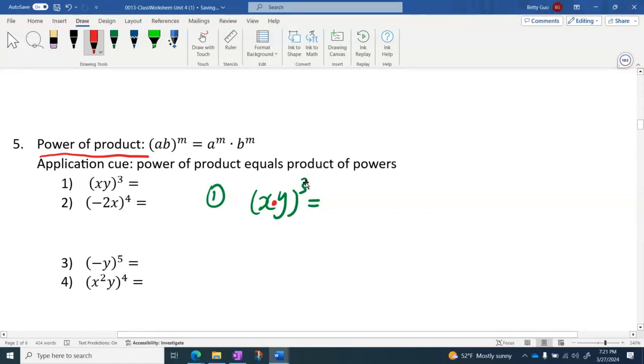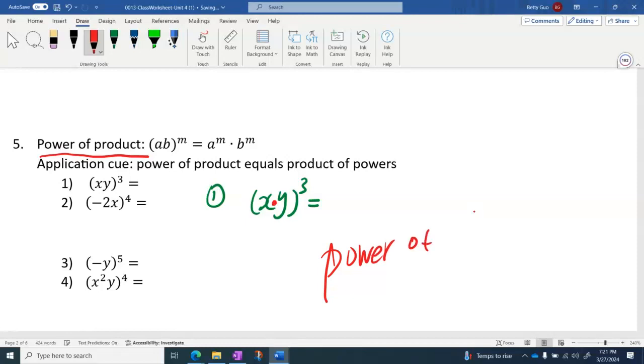It is a third power, and the base is a product. So the expression we are looking at right here is a power of a product.